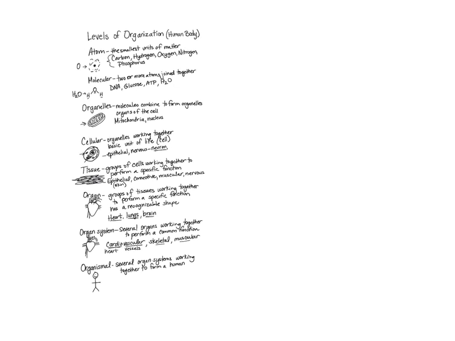So again, just to kind of summarize here, we start at our atomic level. So we have our atoms. Then our atoms are going to build. So we put atoms together. When we put those atoms together, then what we're going to end up making are molecules.